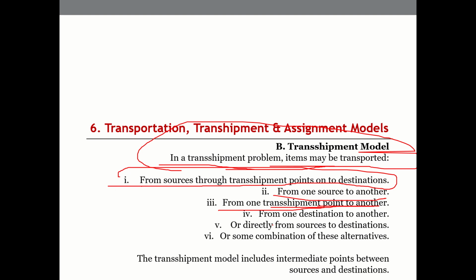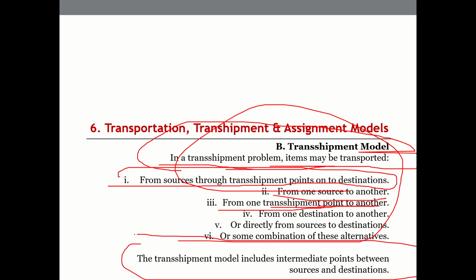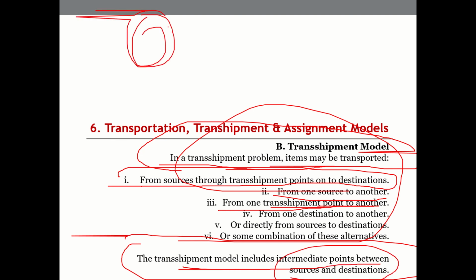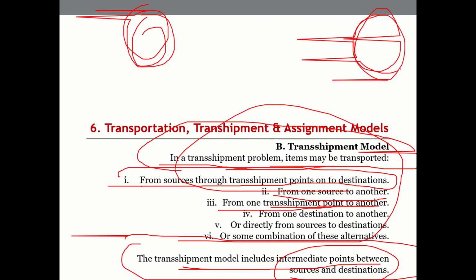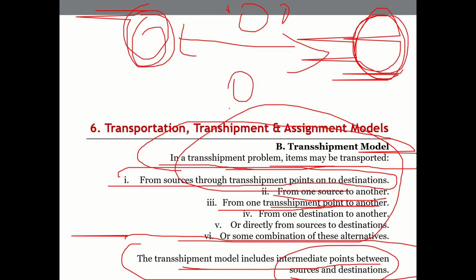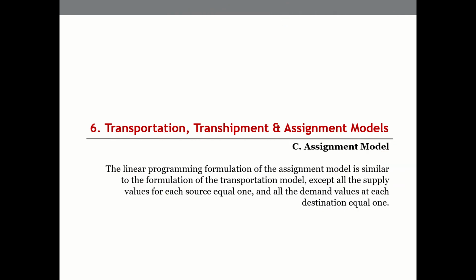There are so many permutations and combinations that can be worked out based on the infrastructure that we create. The major thing is that the transshipment model includes intermediate points between source and destination. That's it. We have a manufacturing plant and we have the consumers. In between there are so many points, nodes, where processing units and storage all come into the picture in the transshipment model.